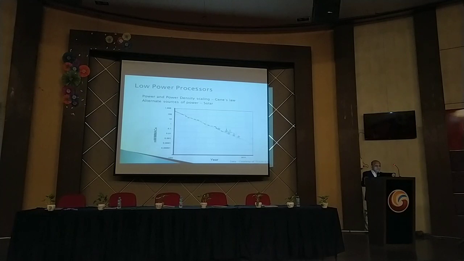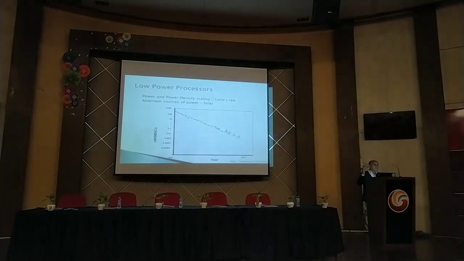And those of us who have been working in the area of VLSI, here is a simple graph that shows what has happened to power dissipation. We all are very proud of the way optimization has been done in VLSI. On the x-axis, you see the year of introduction of ICs.